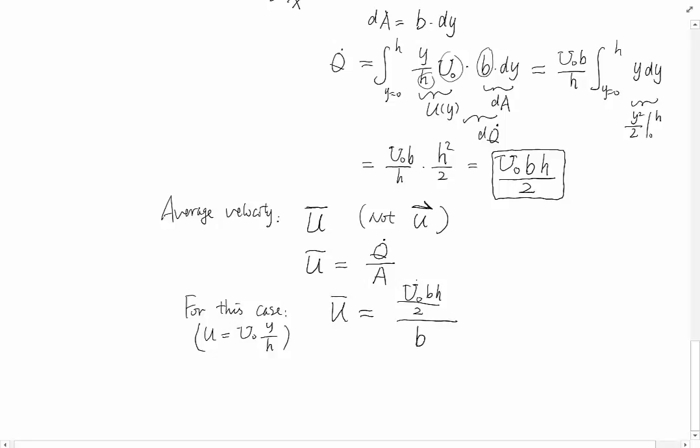Area is width times total height. So we have half of the peak velocity, which is at the bottom. So for linear velocity profile, the average velocity is exactly half of the peak velocity.